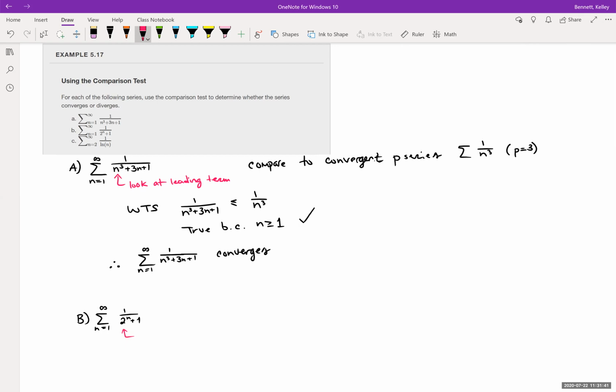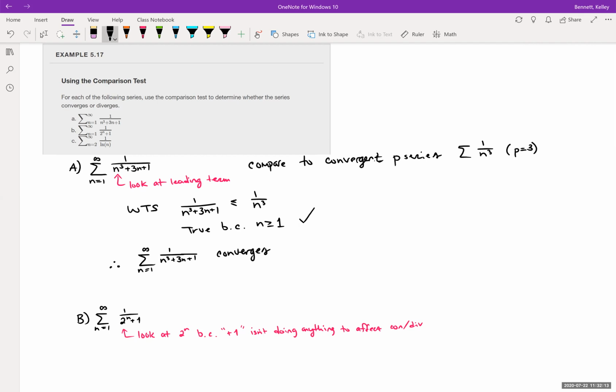So just look at 2 to the n, because +1 doesn't really do anything to affect convergence or divergence.